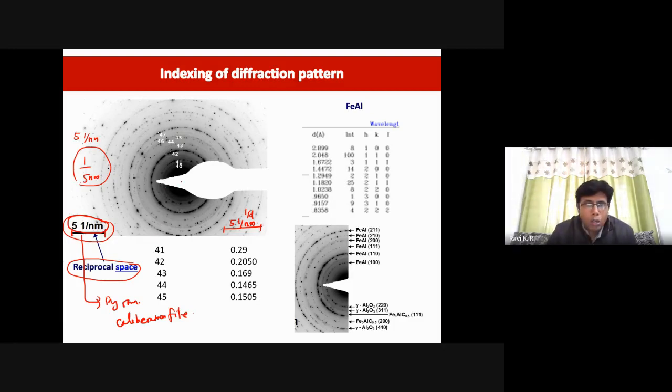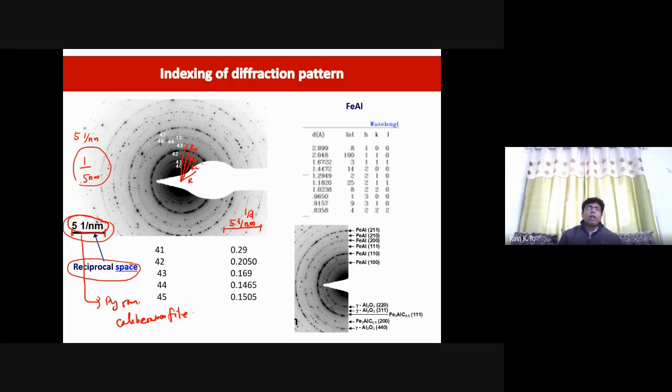Okay, now what you have to do is, once you have this ring, you calculate the distance. Let's say R1. Calculate the distance R2. Calculate this distance R3. Okay, calculate this distance R4.